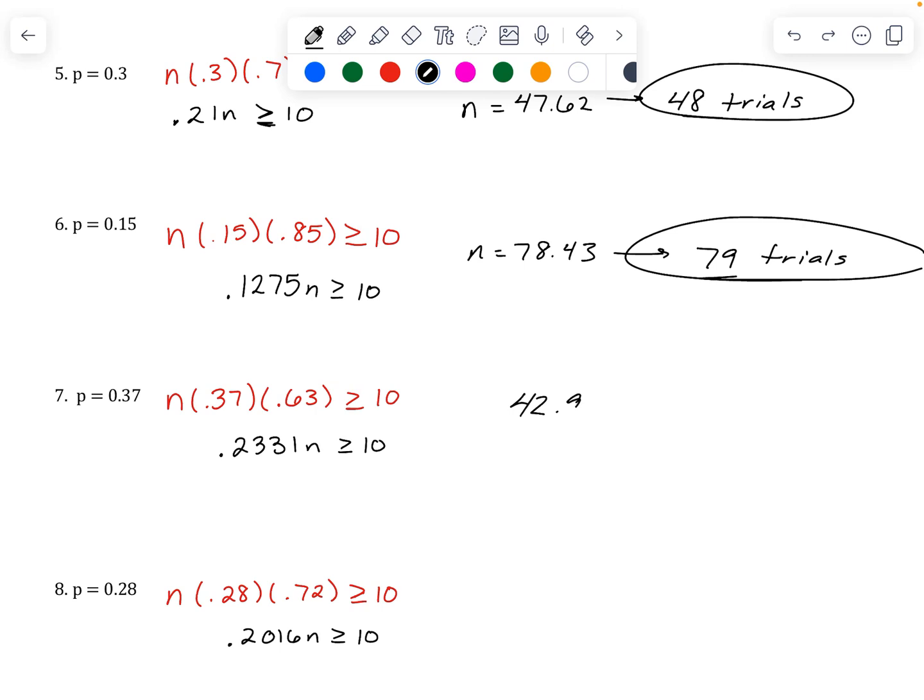Even here, we got 42.9 for n, so I get 43 trials.